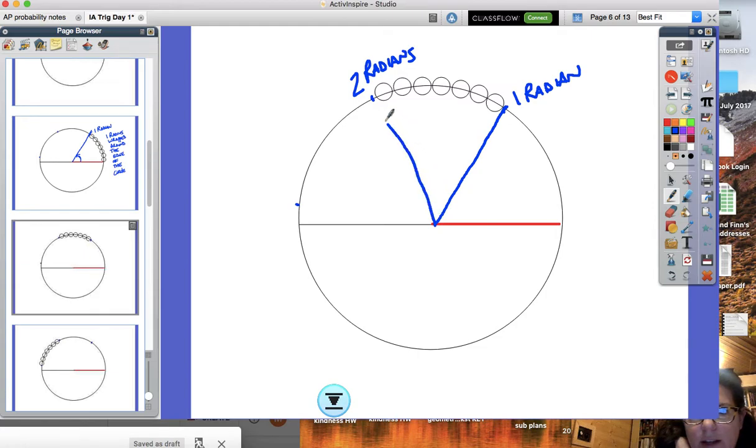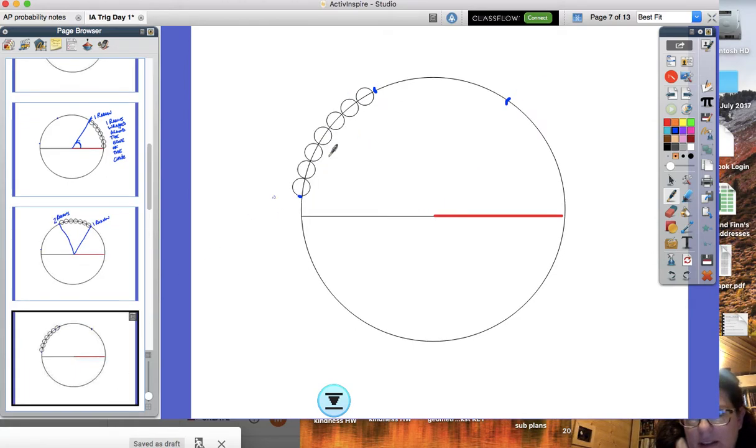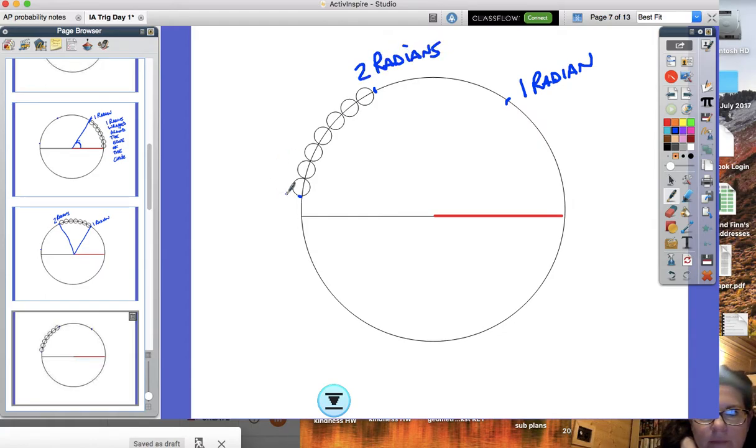Here's 2 radians. And then if I continue wrapping them around, here's 3 radians. So this mark right here marks 3 radians.